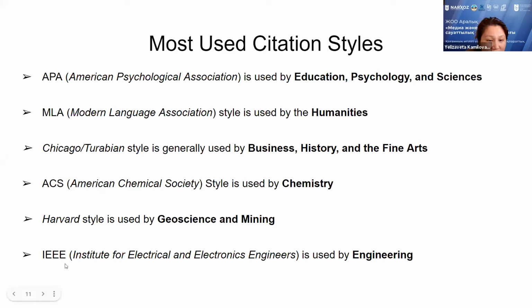And the last one is Harvard style. Harvard style is recommended within the geosciences and mining fields. And IEEE, which stands for Institute of Electrical and Electronics Engineers, is used in engineering. So these are the most used citation styles, and they are used at NU as well.